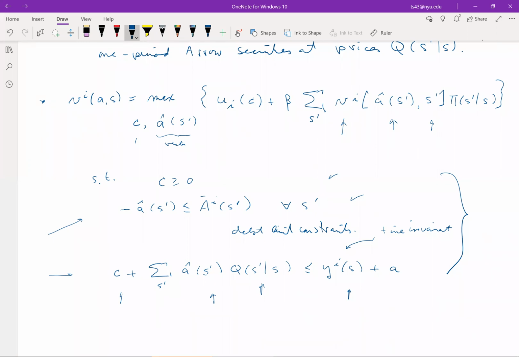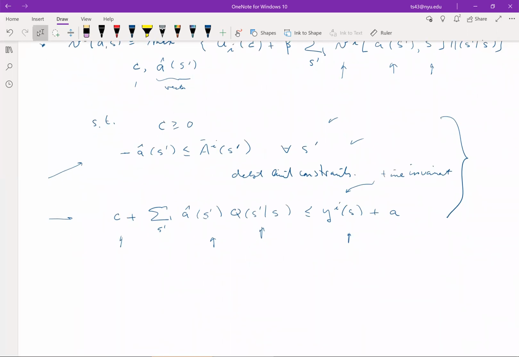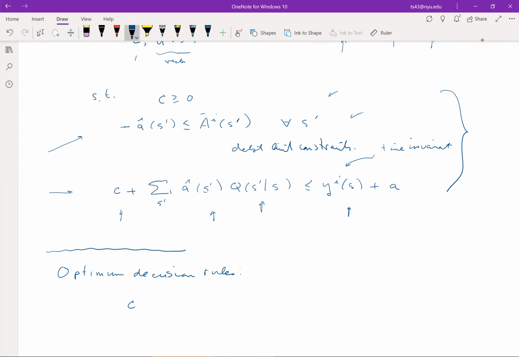Okay, step at a time, we're getting there. We're creeping up on something beautiful. Well, so the optimizers, the optimum decision rules, what are they going to look like? Well, they're going to have this form.